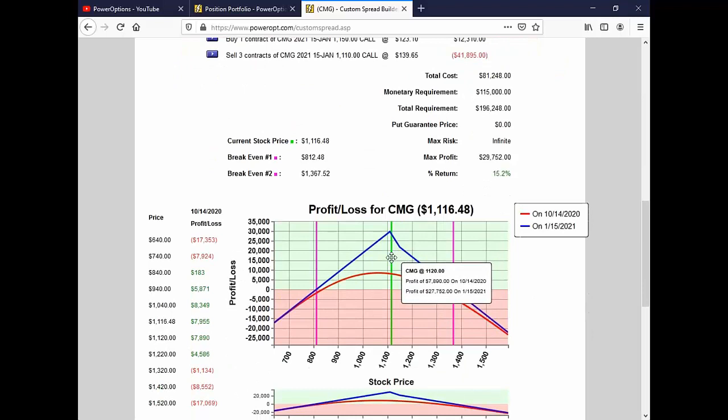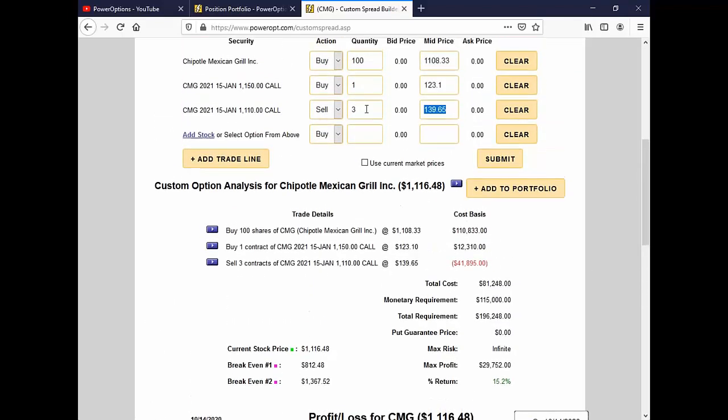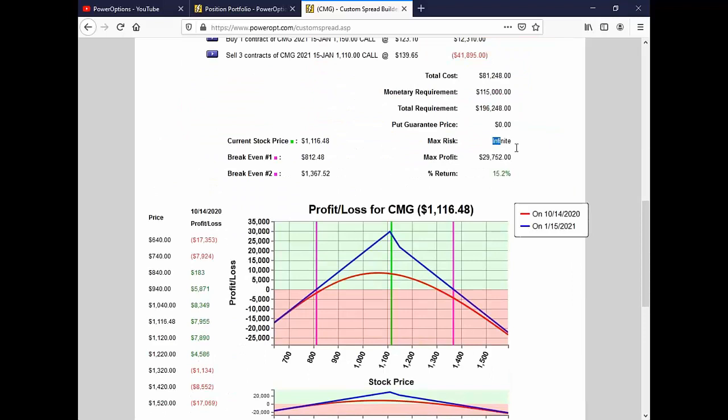A ratio call spread, that's what Octavio is referring to, a ratio call spread with a covered call, so that extra 2-to-1 ratio call on the short side gives him the infinite risk, both to the upside, well, to the upside in general. The downside risk is limited to the total cost into the position, and the max profit is about 15.2% here as well.